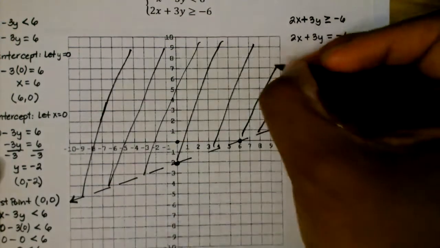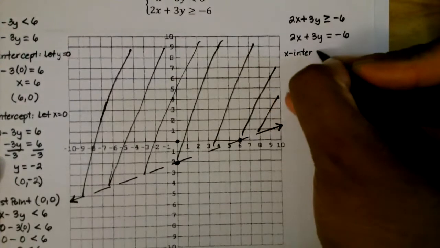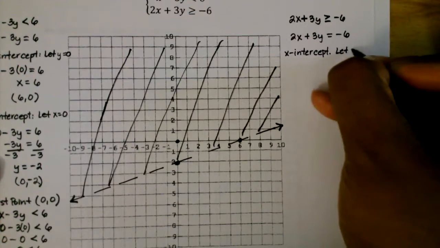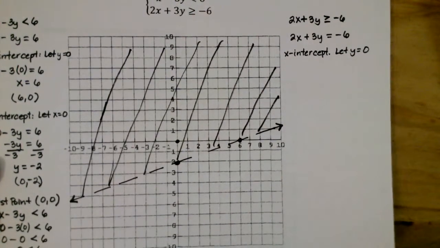Find the intercepts, both the x and the y-intercept. So for the x-intercept, we let y equal 0 and solve for x.